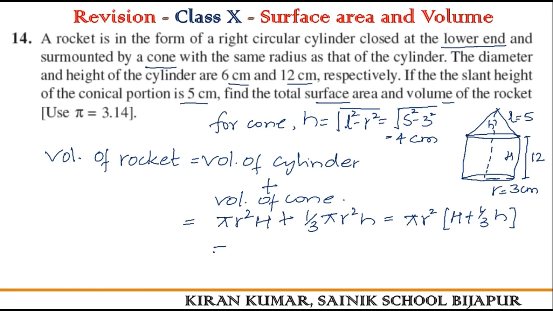They have given 3.14 to be used as the value of pi. It should be multiplied with 3 square, which is 3 times 3. Capital H is 12 plus 1/3 of small h. Small h is 4.